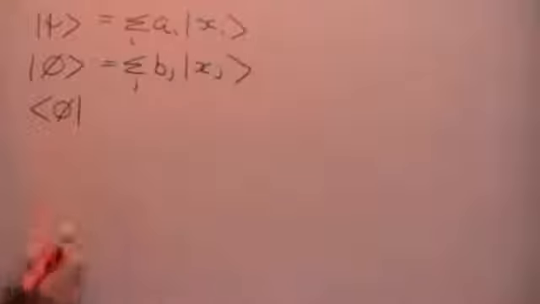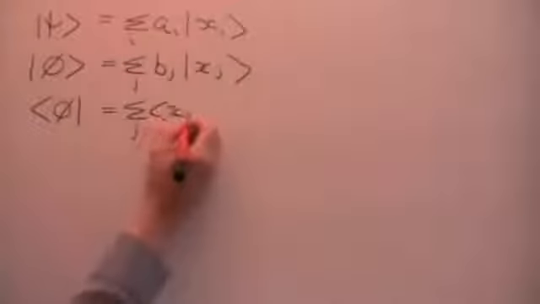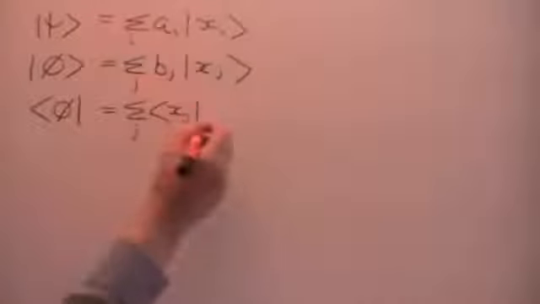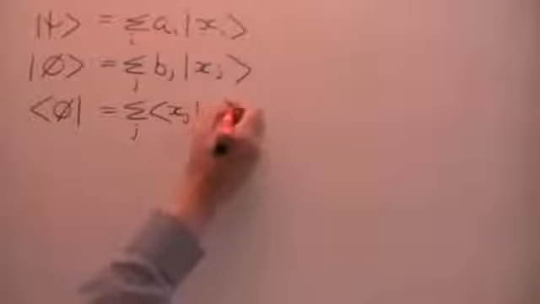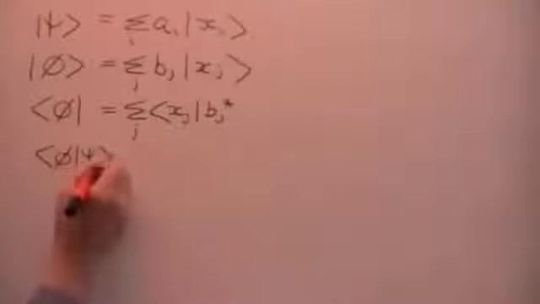So now what is the bra vector of φ? Well, that is the complex conjugate of this, which means it's going to be the sum over j. To get the complex conjugate, we convert this to a bra vector, xj, and bj becomes complex conjugated. So that is the bra vector φ. So now I want to ask myself, what is this beast? φ ψ.